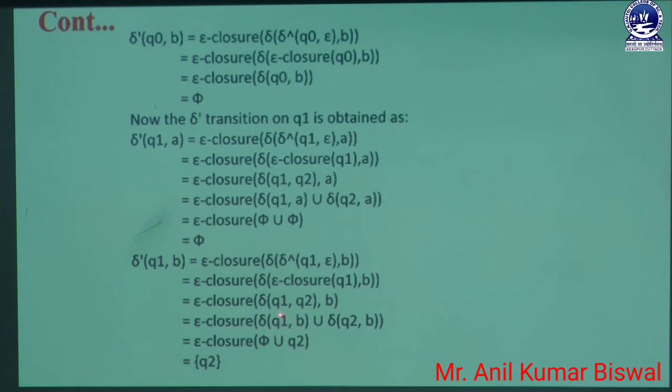Now we calculate the transition result when state q1 accepts input symbol B. Whenever we put B to q1, no state is created, so it is a phi set, and that phi set must be unioned with the other transition explained in this section: when we put q2 with input symbol B, we get the state q2. So we have phi union q2, and the q2 state is created, as mentioned here: epsilon closure of phi union q2.